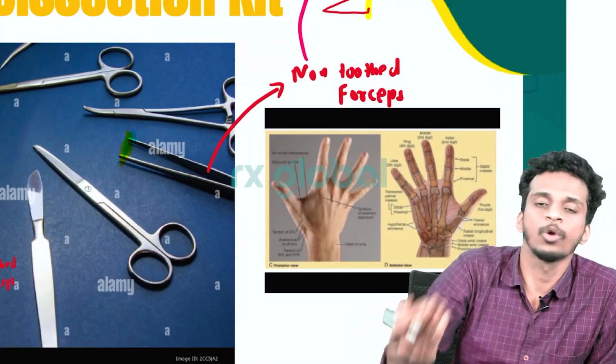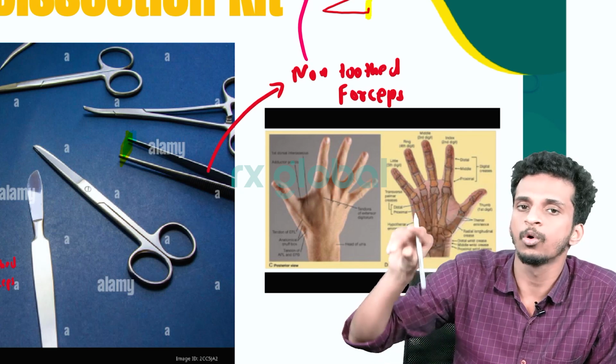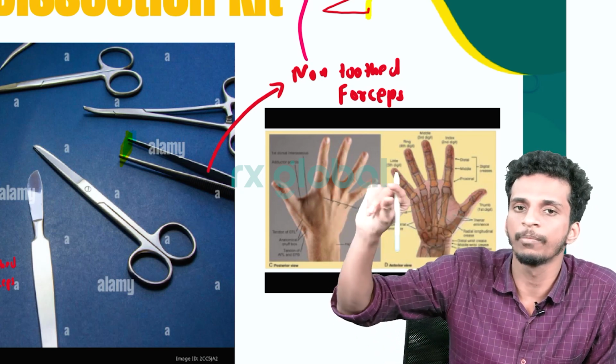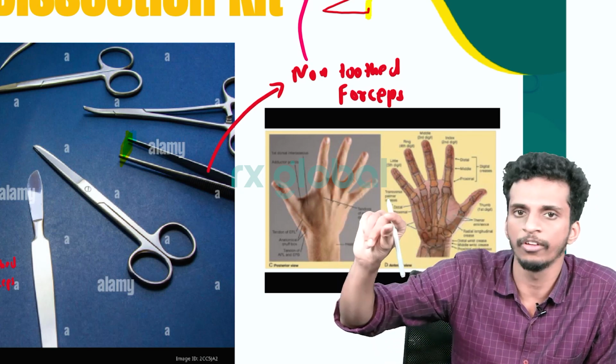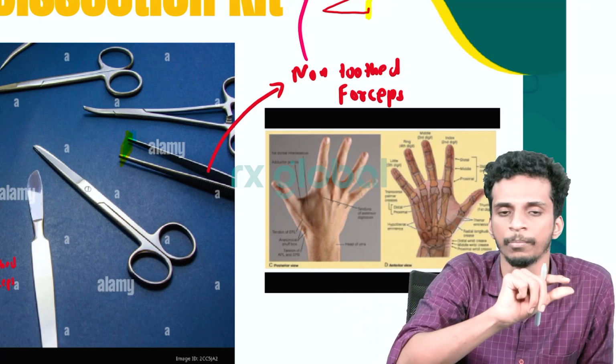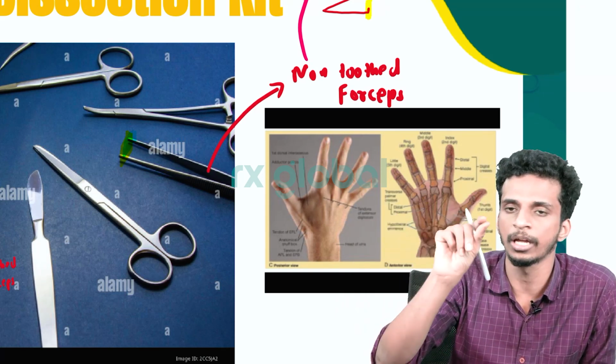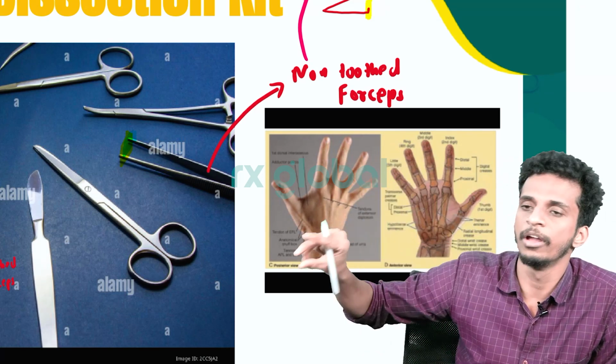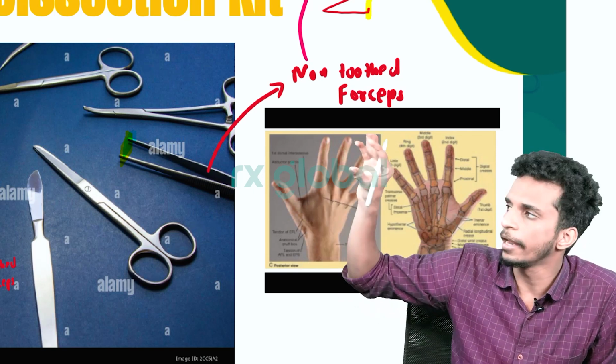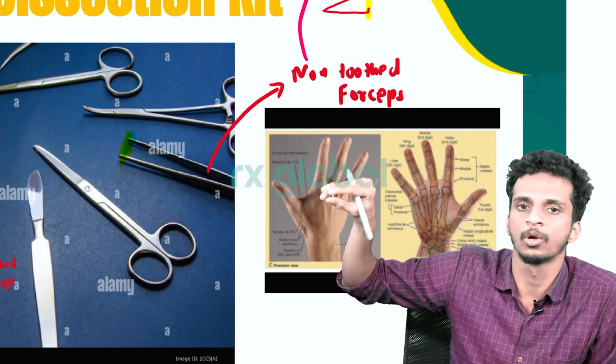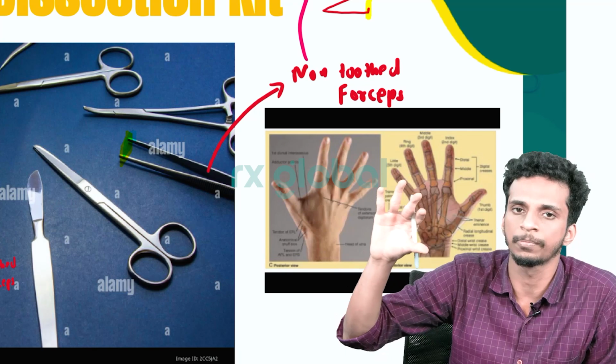Now, what's the purpose of a non-toothed forceps? For example, you are going to hold a blood vessel. If you are going to hold a vein, you cannot use a toothed forceps there because it's a sharp structure, and the vein is a soft, delicate structure. Delicate structures get pierced or collapsed if you use the toothed forceps.